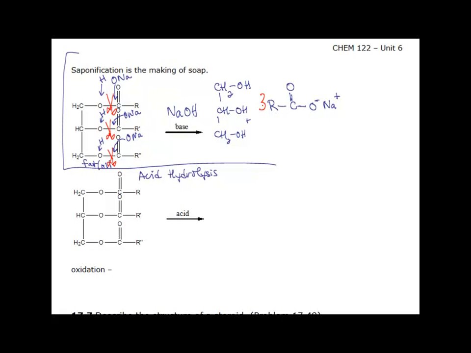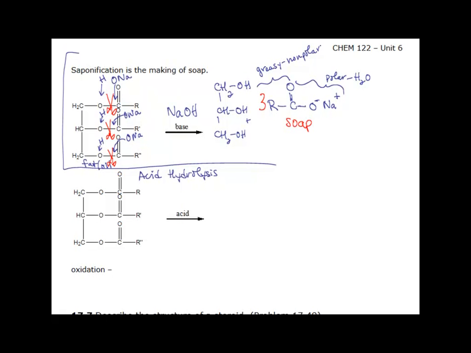And this is actually soap. With soap, you have a very polar end, which is attracted to water, and then the other end, which is just greasy carbons, is the non-polar end. That's how it gets rid of dirt, grease, all that grime. So that's how you make soap.